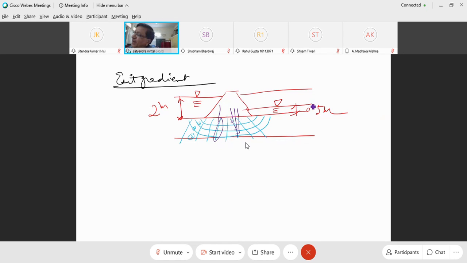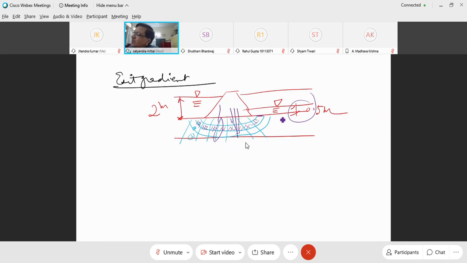Coming back to this, why is it only 0.5? Why not 2 meters on the downstream side? The factual thing is that when the water starts flowing from here, firstly it enters this field, then it enters this one, and this one, like this. Finally, it reaches here to hit the downstream side.